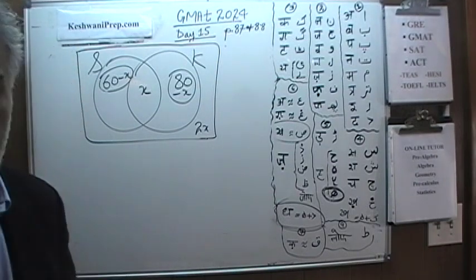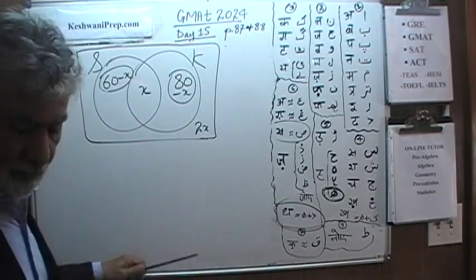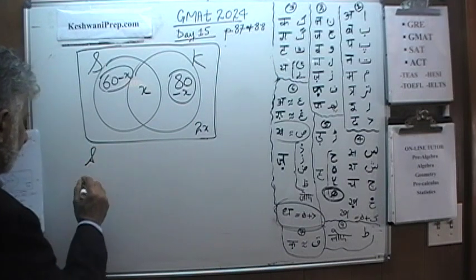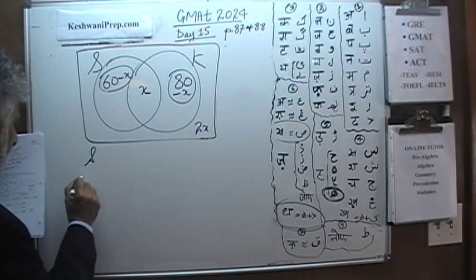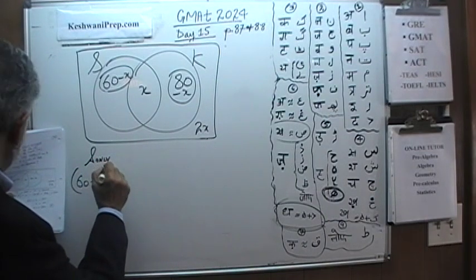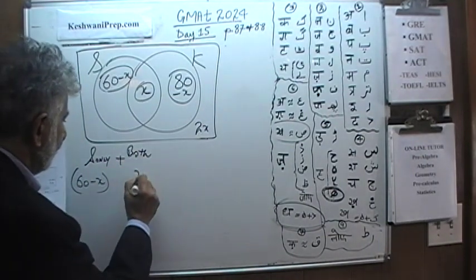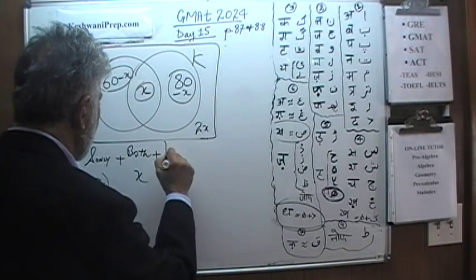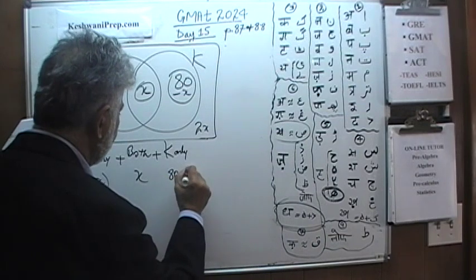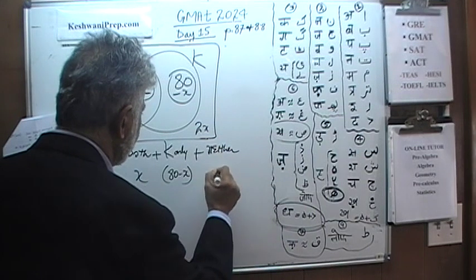The rest is downhill. All we have to do is add them all up, and everything has to add up to 200, because that's how many people we surveyed. So let's do that. The number of people who do skiing only, which is 60 minus x, plus the number of people who do both, which is x, plus the number of people who do kayaking only, which is 80 minus x, plus the number of people who do neither, which is 2x.